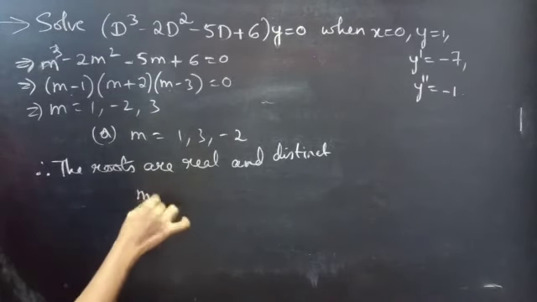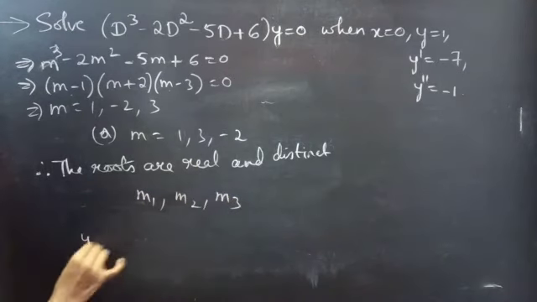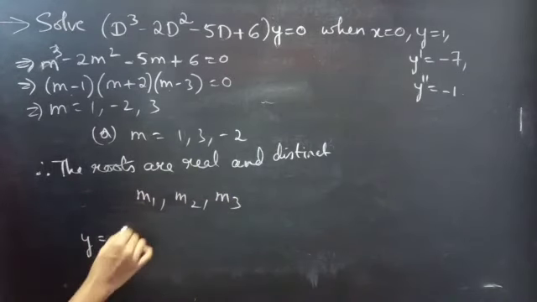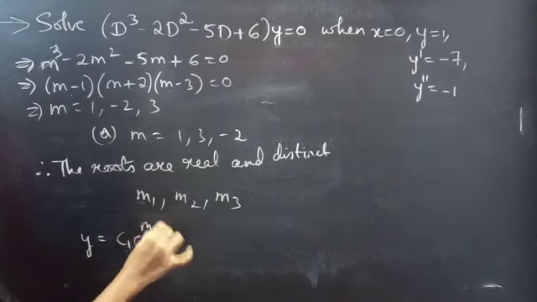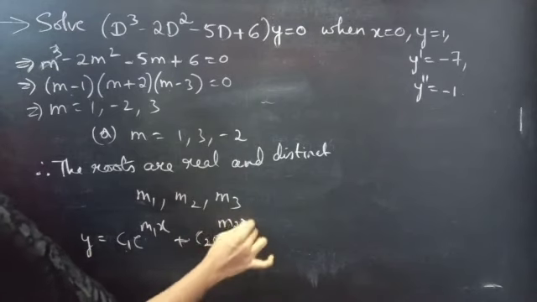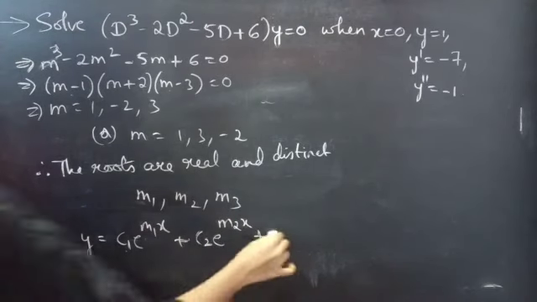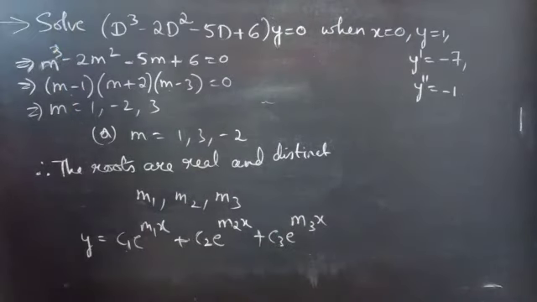So when we have three roots which are real and distinct, then our general solution will be y equals to c1 e power 1st root into x plus c2 into e power the other root into x plus c3 into the third root into x.